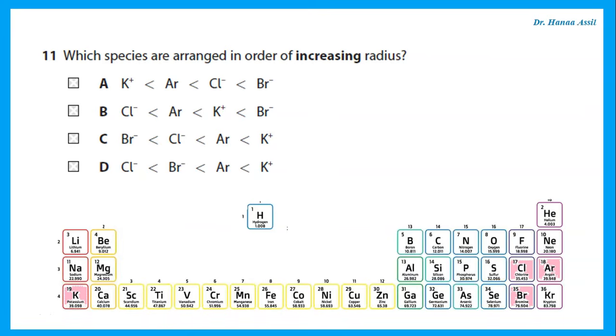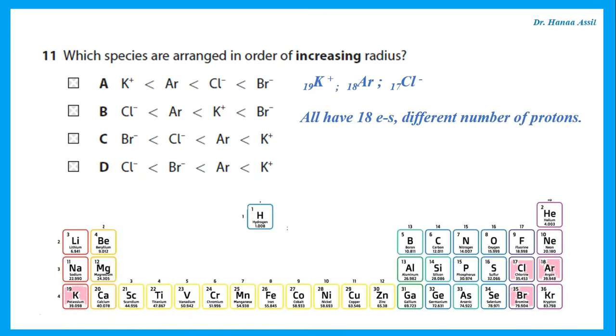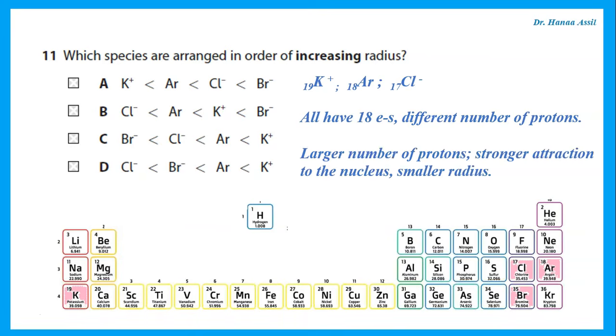Now, looking at the 3 other choices, K+, argon, Cl-, all of these, if you count the number of electrons, they all have 18 electrons. Potassium 19 and lost 1. Argon has 18. Chloride 17 and gained 1. They all have 18 electrons. But the difference between them is the number of protons that are attracting these 18 electrons.